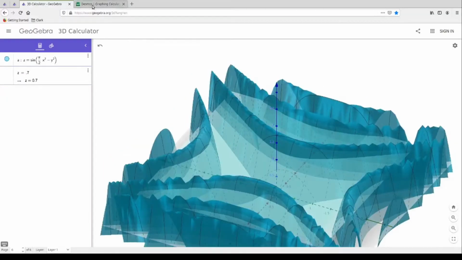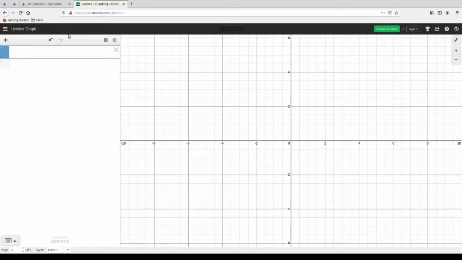But Desmos will give you a slightly nicer plot of just the level curves themselves. And you can also do a slider, in both GeoGebra and in Desmos.